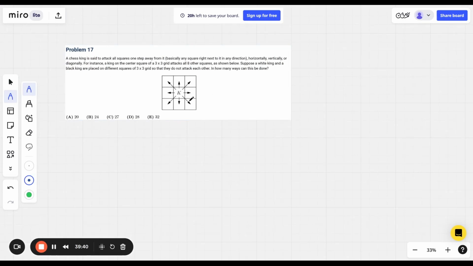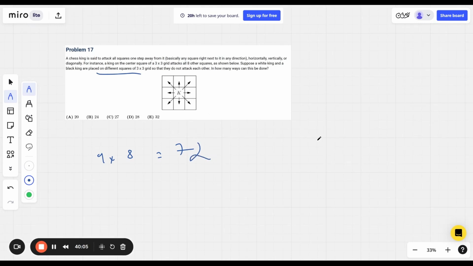The white king and black king are placed on different squares of a 3x3 grid so that they can't attack each other. Well, instead of counting how many ways they can avoid attacking each other, it's probably easier to count how many ways they can attack each other. Firstly, there are 9 times 8 ways to pick 2 different squares for the kings, so 72 ways.